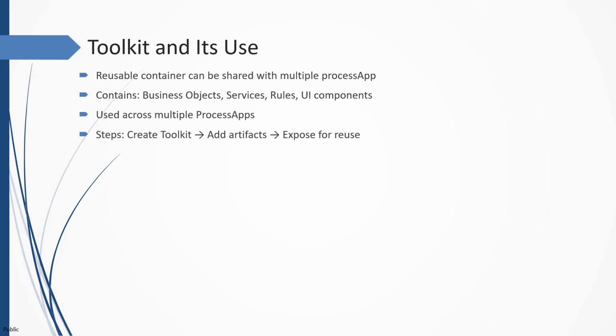Then all the applications with which we share this toolkit have access to use those artifacts, which might be a UI component, a service, or any integration component that can be used in multiple applications. That is the reason we call the toolkit a reusable container. I'll show you how we can create a toolkit and share it with multiple applications.